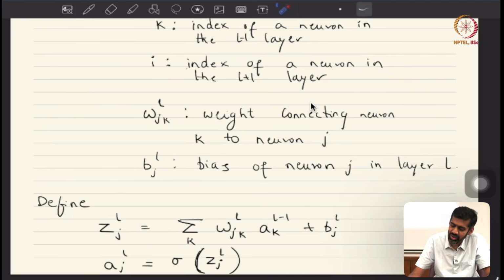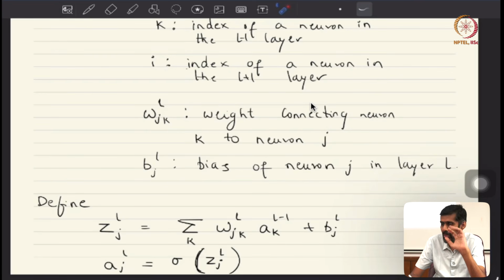What is this operation? This operation is W transpose X, right. So now we know that the kind of operations that every neuron does is take the inner product and then pass it through the non-linearity. So we will define a variable called the pre-activation output, which is simply the linear projection of data before the activation function or before the non-linearity, and whatever comes out of the non-linearity is called the activation of that particular neuron.